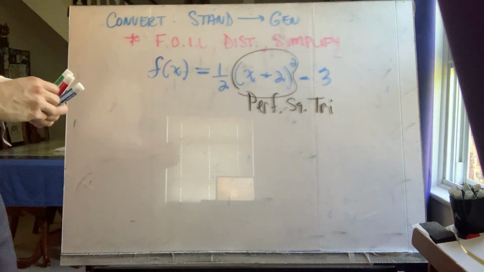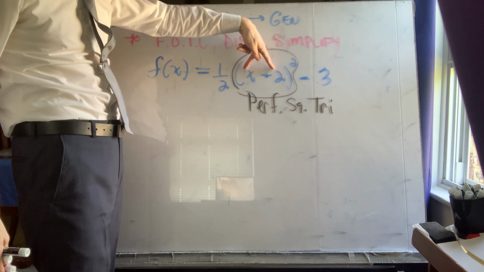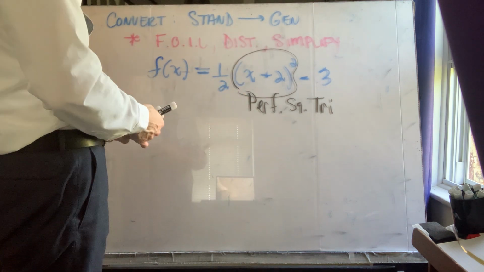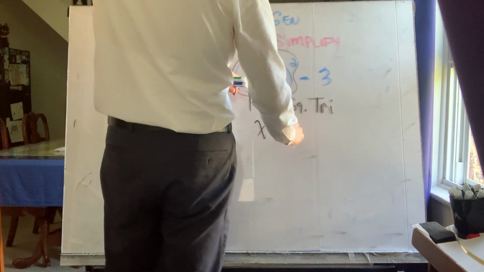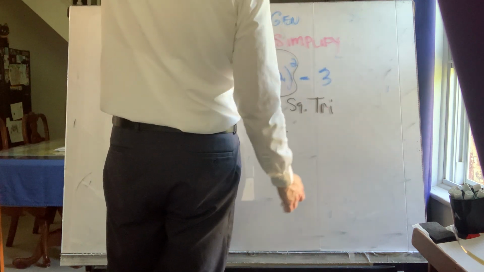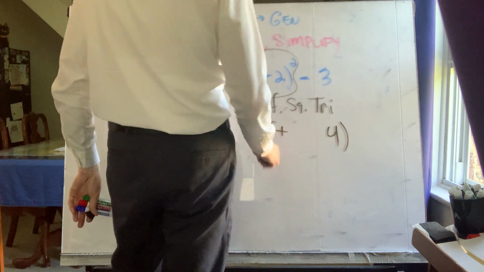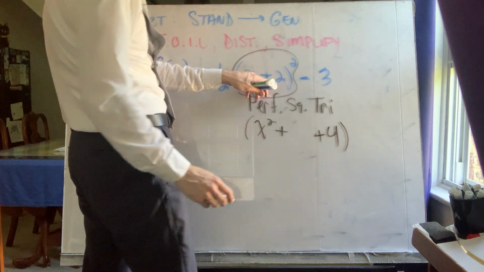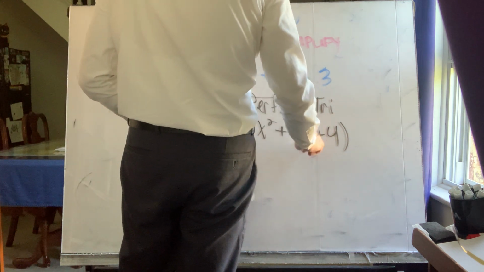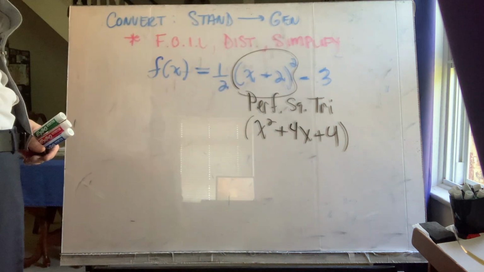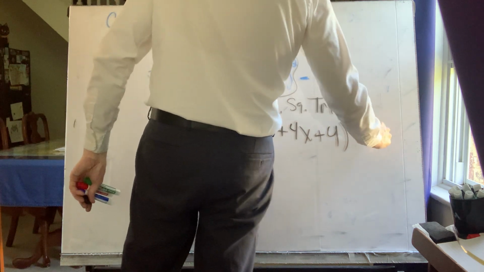So if you analyze what the two features are here, an x and a 2, the perfect square trinomial model predicts that you will have x squared, and on the very far end, this number squared, which would be 4 in this case. And then the middle would be twice these two terms. So it would be 4x ultimately. There is meanwhile a 1/2 sitting out here and a minus 3 sitting out here.